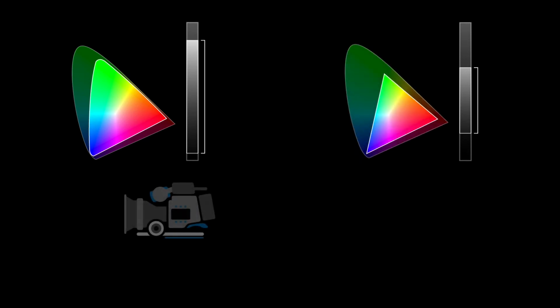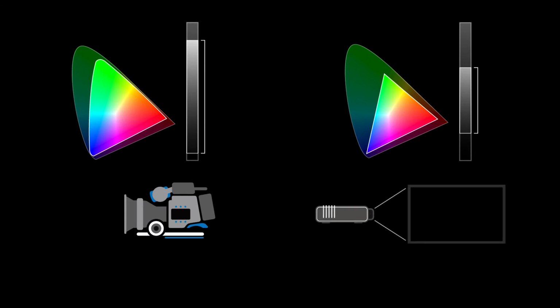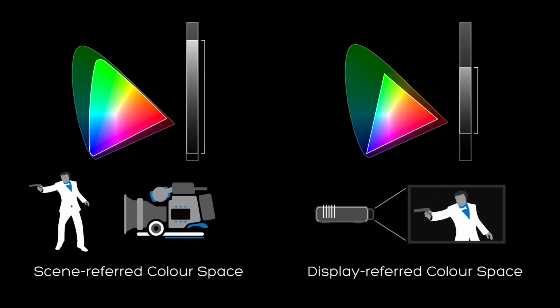Modern digital cinema and TV cameras are capable of capturing a very large gamut of colors with a high dynamic range, whereas most electronic displays, such as LCD monitors and digital projectors, can only reproduce a relatively limited gamut of colors with a much smaller dynamic range. We refer to these two types of color space as scene-referred and display-referred spaces, respectively.